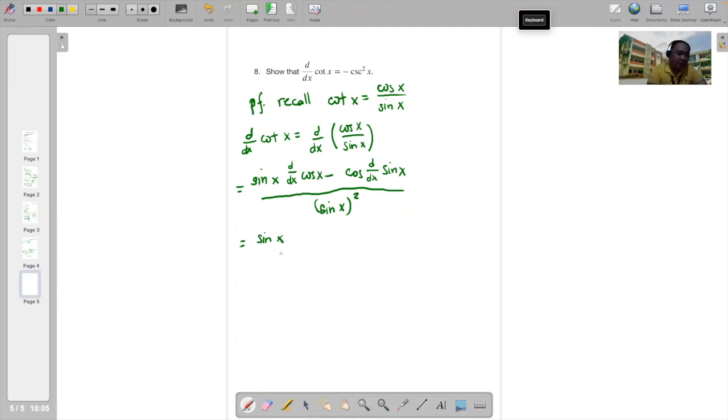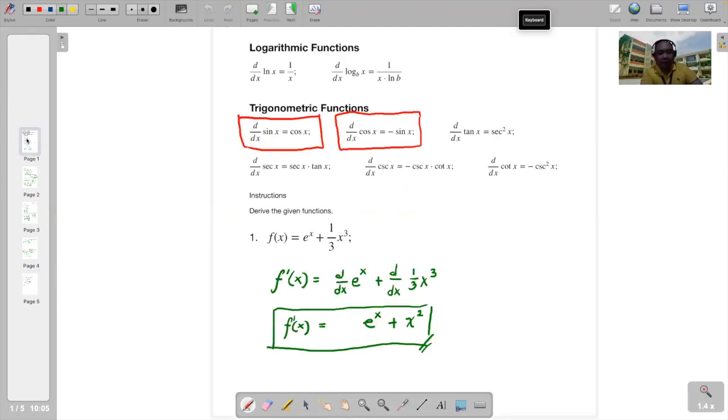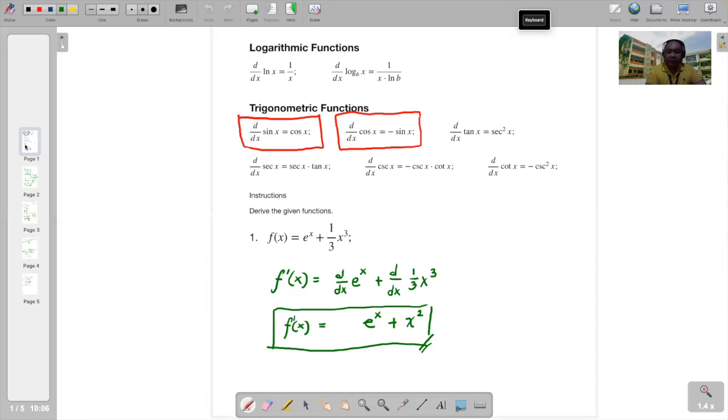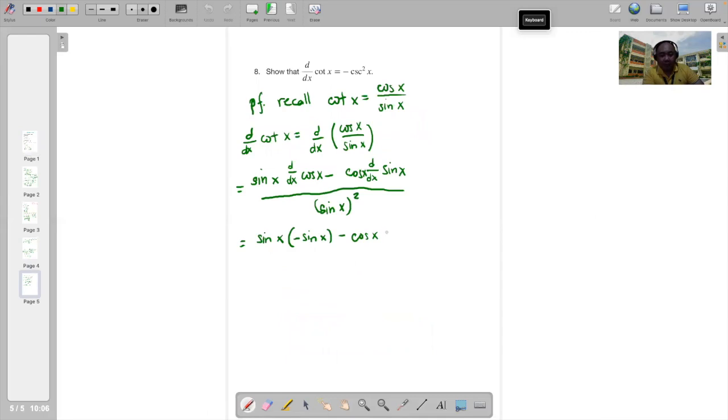Okay, we can always go back to the list. The derivative of cosine x is minus sine x. So that's minus sine x, minus cosine x times, what's the derivative of sine x? Check again. The derivative of sine x is cosine x. So this is cosine x, all over sine x squared.